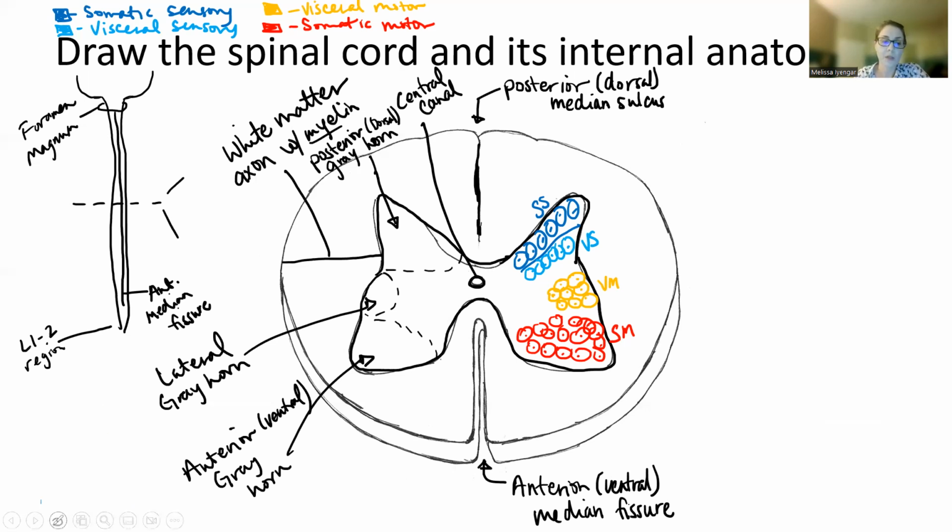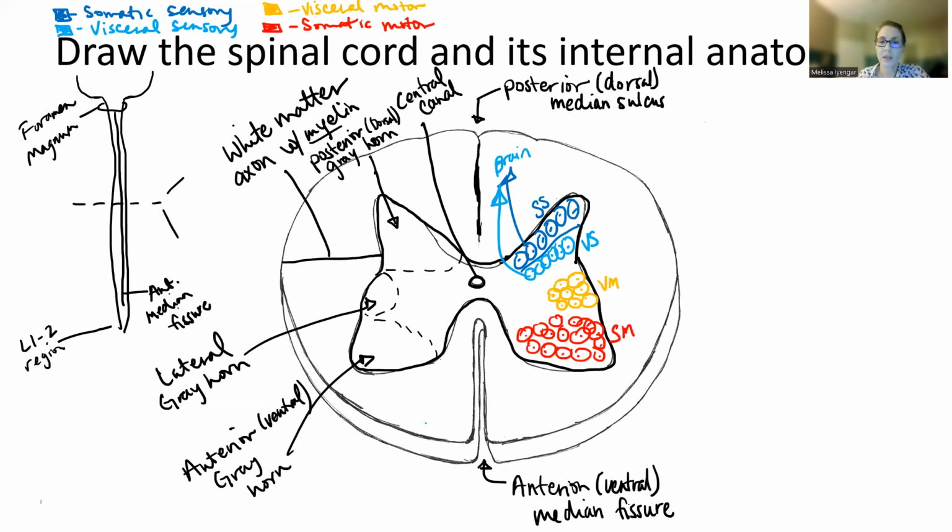So just so you understand exactly what's happening here, you're going to have these cell bodies for sensory, and they're going to come back here, and they're going to go up along the dorsal side of the spinal cord, like this, towards the brain.